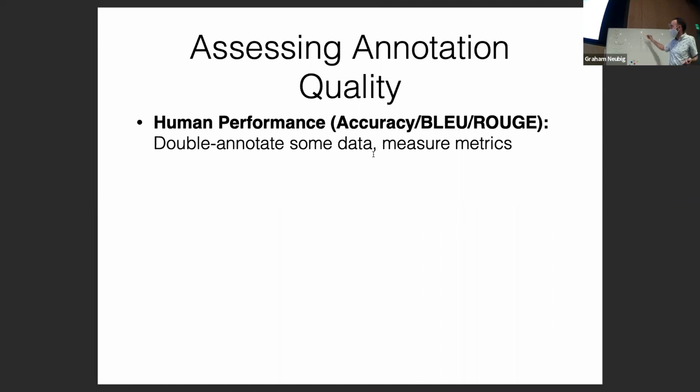Unfortunately, a lot of the time this isn't true anymore. Number one, Google Translate is probably better than you at translating Tigrinya, unless you speak Tigrinya. I don't think anyone in here speaks Tigrinya. Google Translate's still really bad at translating Tigrinya, but it's a task that most humans cannot do.